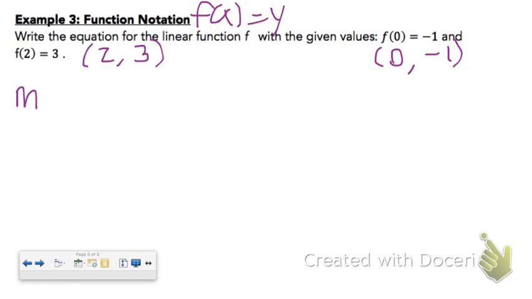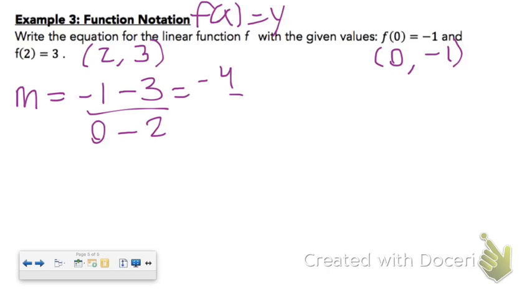So slope formula, m equals y2 minus y1 over x2 minus x1. So that's -4 over -2, which simplifies to +2. So we know m is 2. So far we have y equals 2x plus b. Now the next part is kind of funny because you might have recognized that they actually gave you the y-intercept.